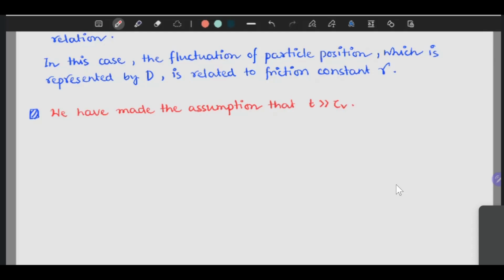Right. Now this assumption is usually satisfied in soft matter systems because there the observation time scale is around millisecond, right?